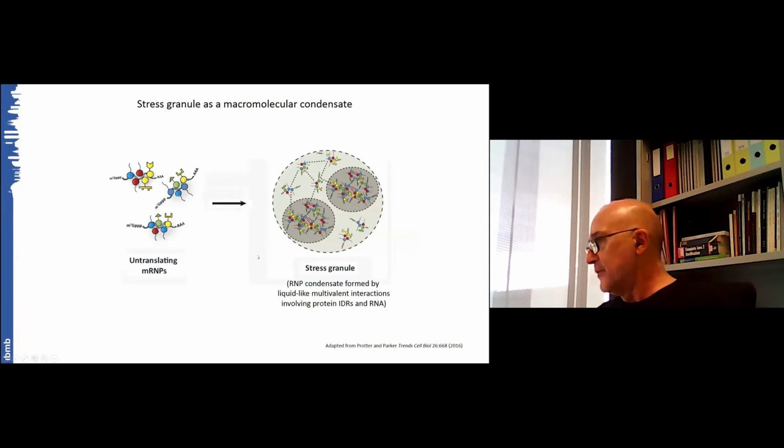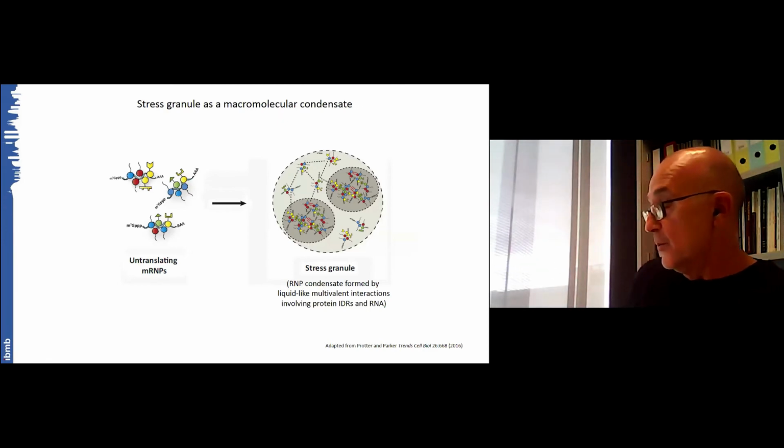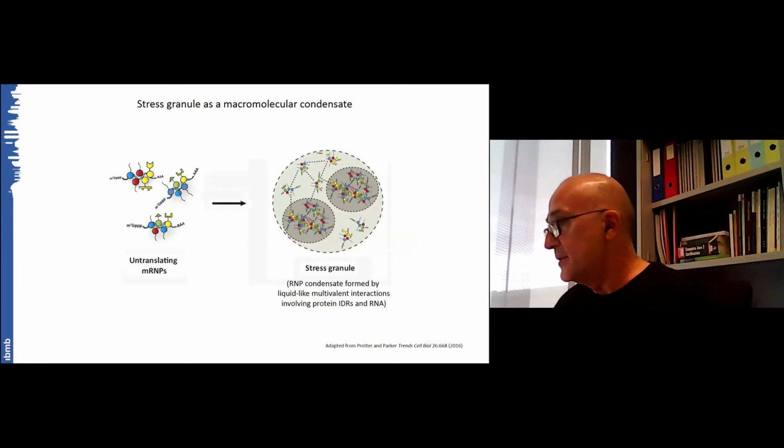There are different types of these RNP condensates. There are P bodies also, but we will only refer to stress granules, so something that appears and disappears only under stress. Other RNP condensates are formed under normal conditions and they have a specific role.